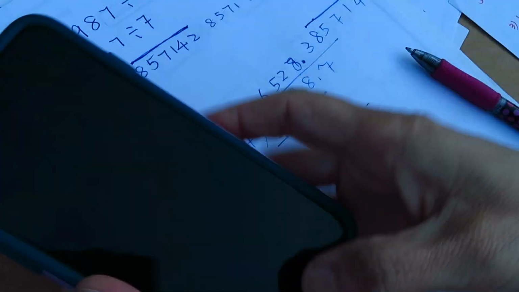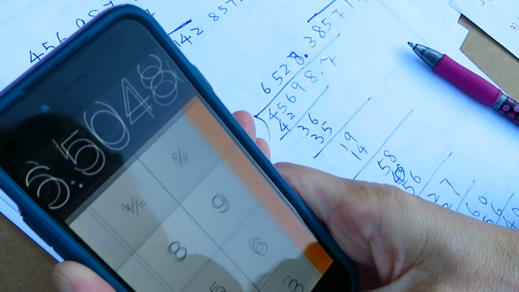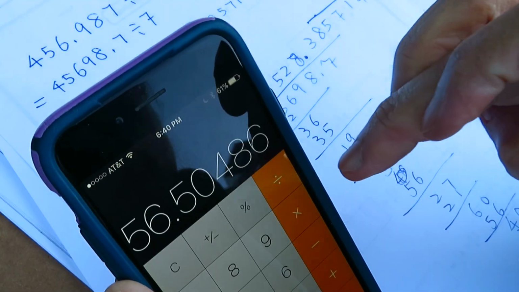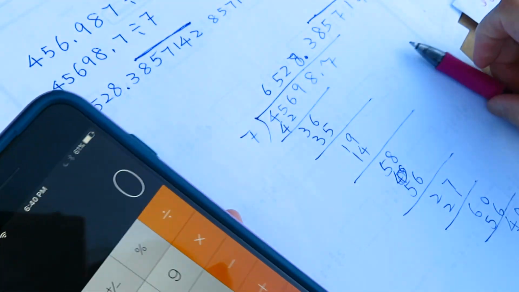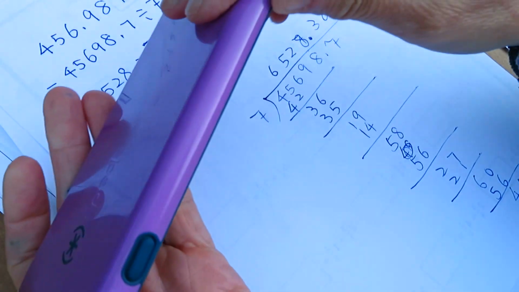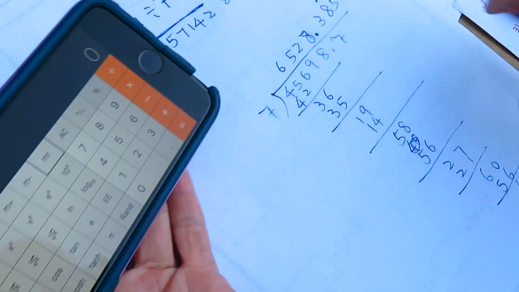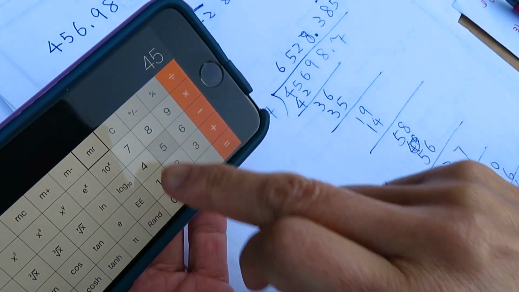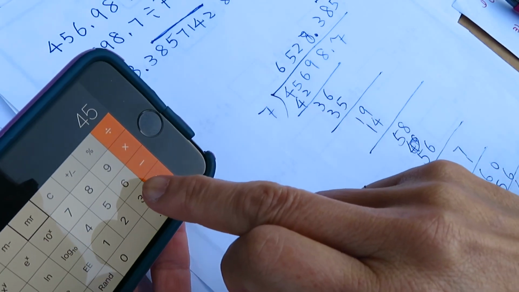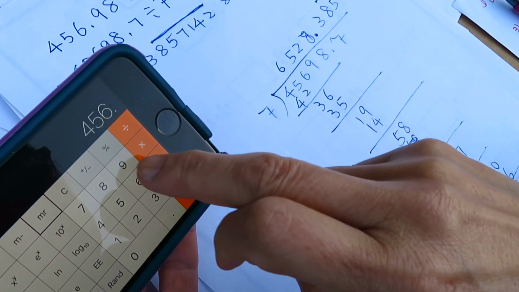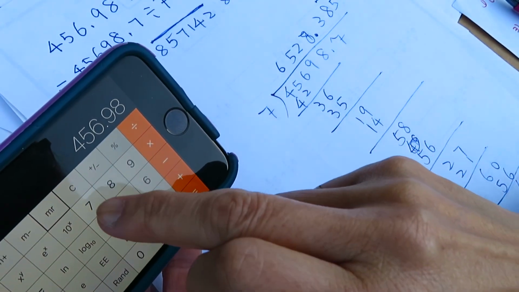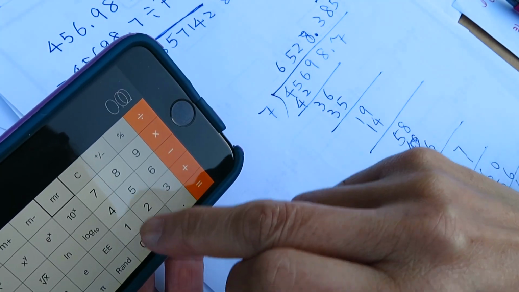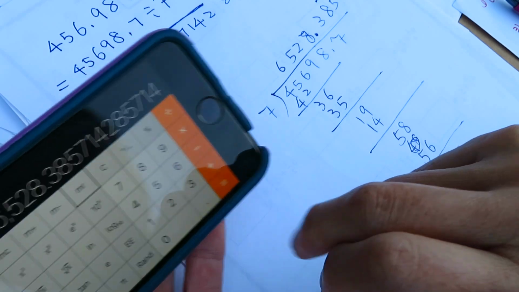Okay, let's see if we have done a good job in this. Well, this is a little bit too long. Let's turn it around: 6,528.3857142 times 0.07.